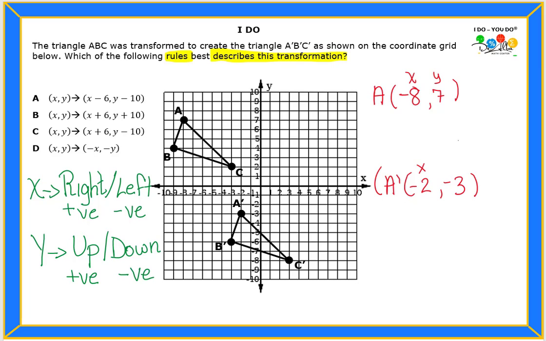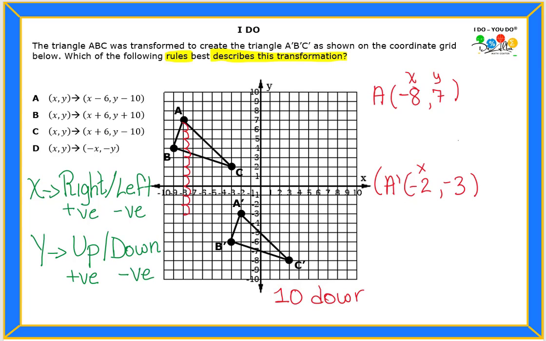So let's start counting. From A, I'm gonna go down 1, 2, 3, 4, 5, 6, 7, 8, 9, and 10, because now I can actually just go to the right and I'll reach A prime. So I went 10 down. I'm gonna write it down over here.